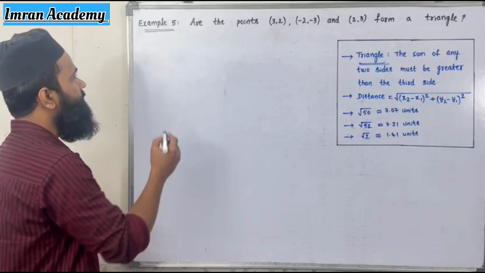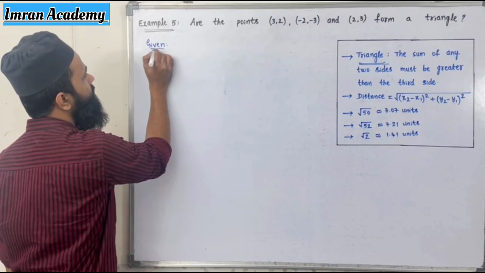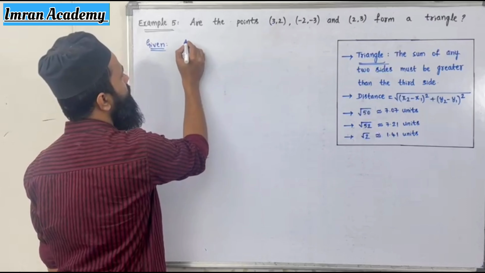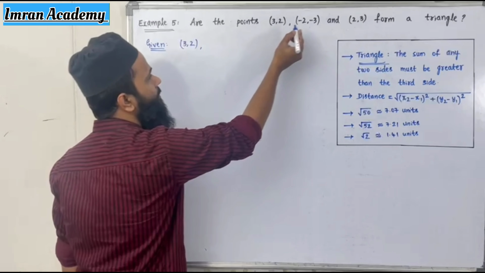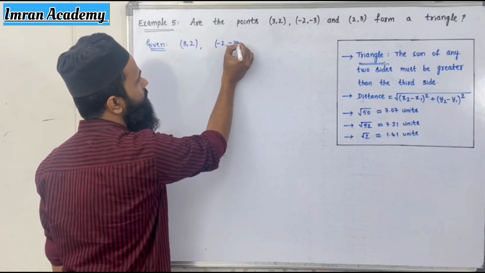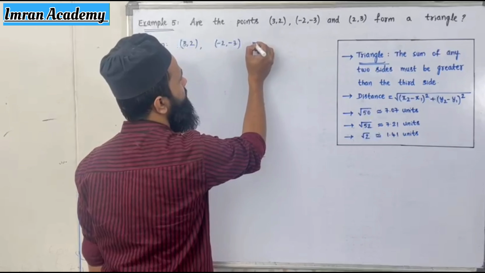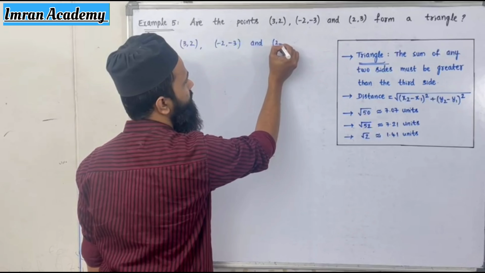Given points (3, 2), (-2, -3) and (2, 3).